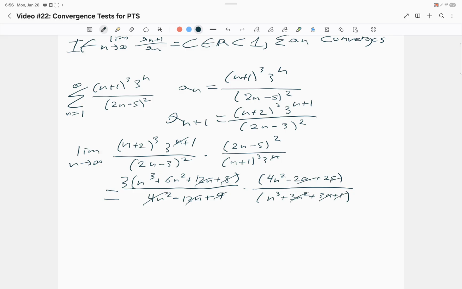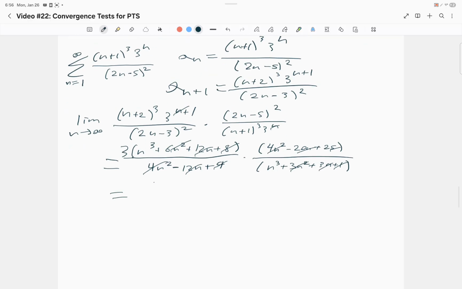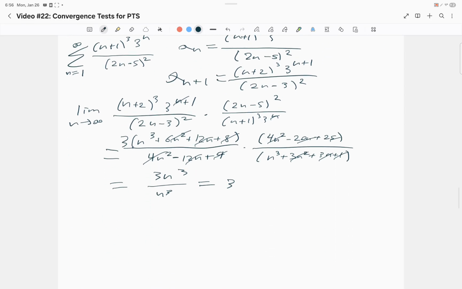Neither will the n squareds, because the n cubes matter much more since they grow faster. So we can just disregard the n squared term. As n approaches infinity, we get 3n cubed over n cubed equals 3. And this is greater than 1. So therefore, this series must diverge by the ratio test.